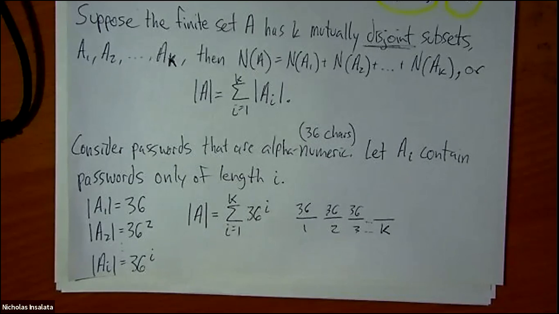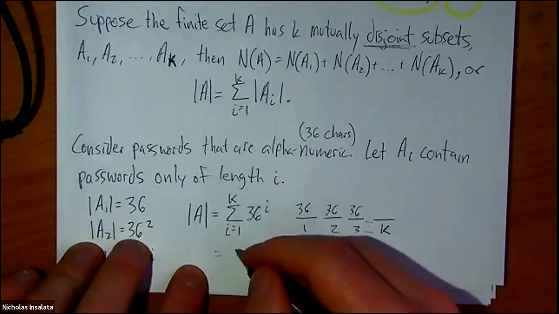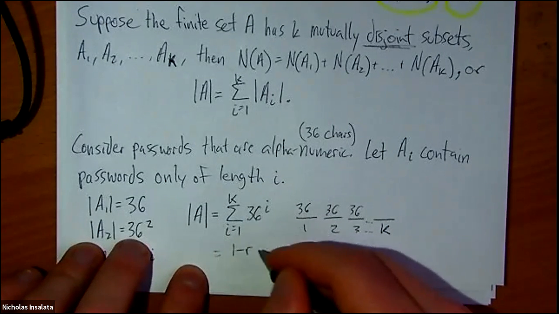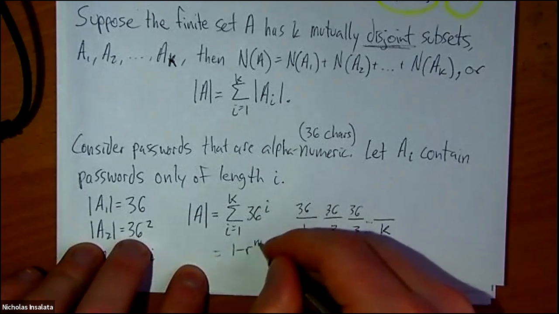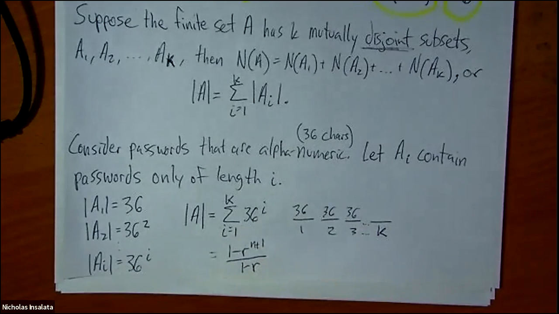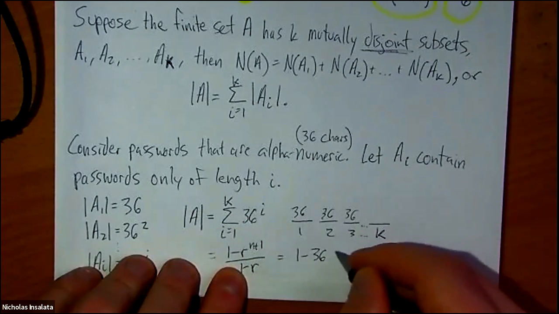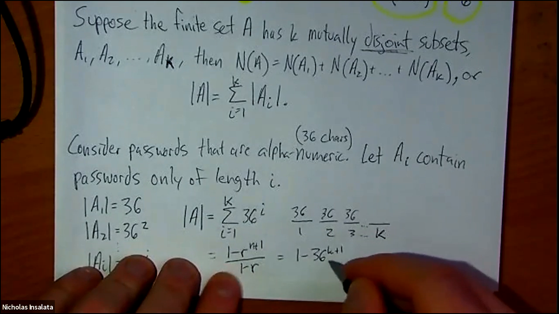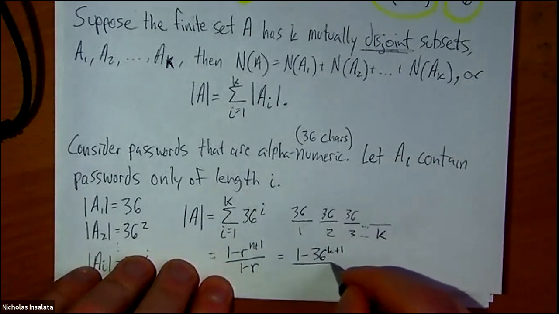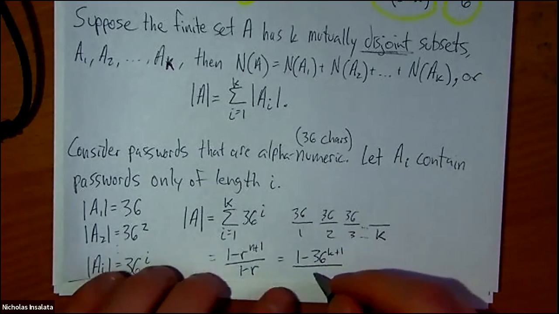All right, so it's equal to 1 minus r to the n plus 1, divided by 1 minus r, where r is 36 and n is k. So this would be 1 minus 36 to the k plus 1, divided by 1 minus r, which would be negative 35.